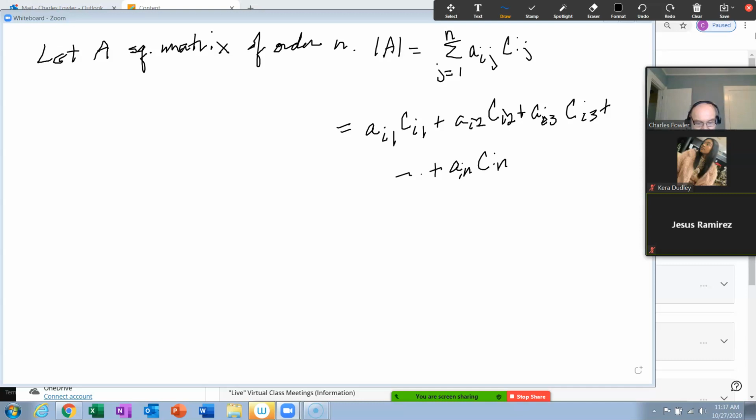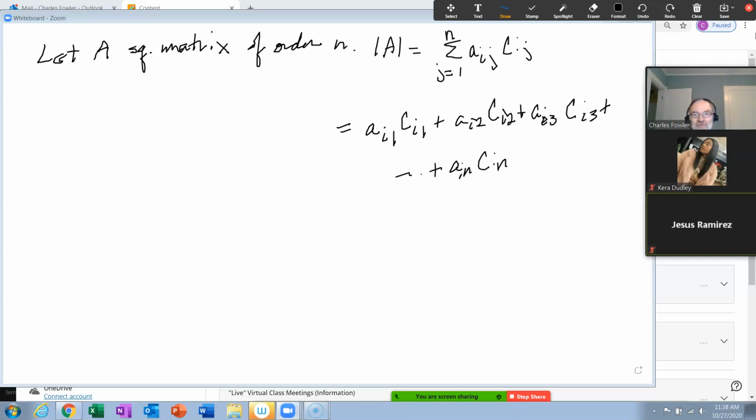Jesus, we're in chapter 3, determinants, 3.1, the determinant of a matrix, on page 113, top of the page, Theorem 3.1. If you have the book, you can see where it is there.